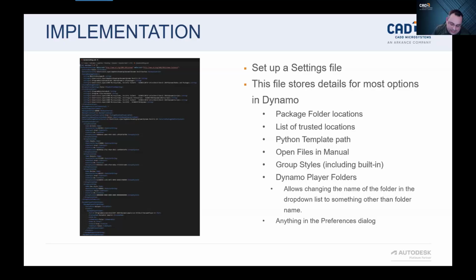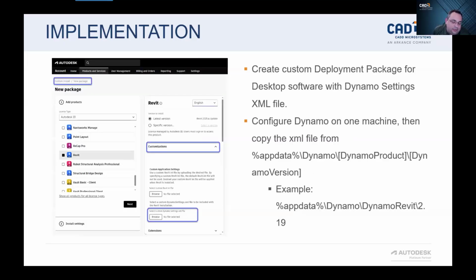And then with that file, if you customize it in one place, it's stored under app data, your Dynamo product folder. You can actually include that with a custom deployment package. So I'm not talking about Dynamo packages. I'm talking about software deployment packages. In the configurations, all the way down at the bottom, there is an include Dynamo setting file, and you can add that.